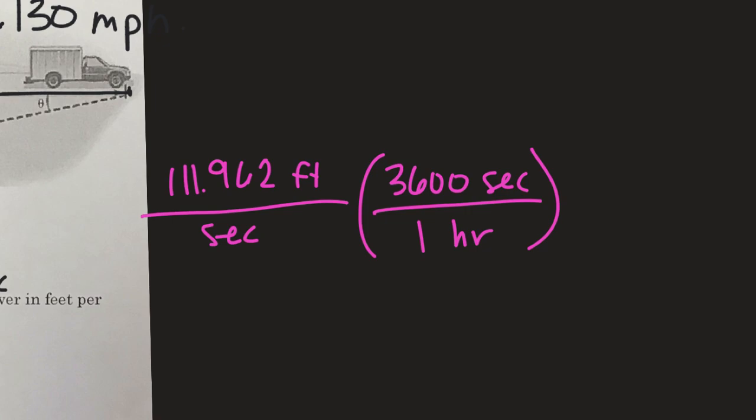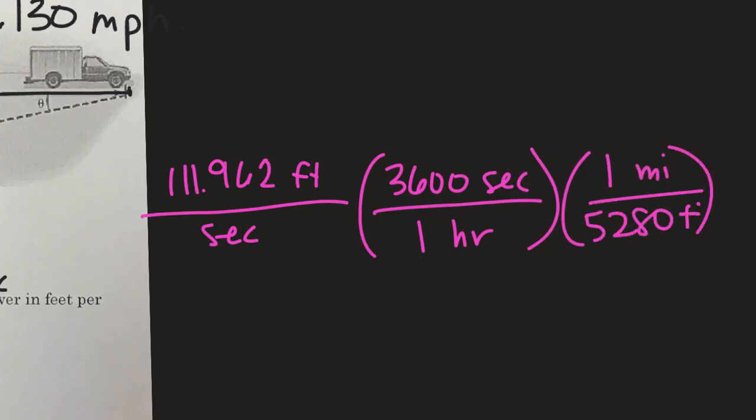Okay, you can go from seconds to minutes and minutes to hours. It's the same thing as 3,600 seconds for 1 hour. And in 1 mile, there is 5,280 feet. So if we do this multiplication, the truck was going 76.34 miles per hour.